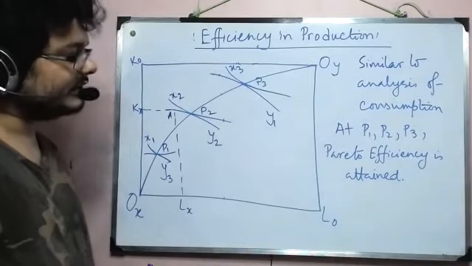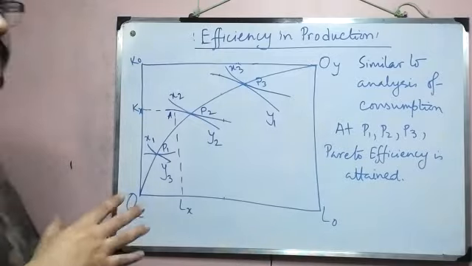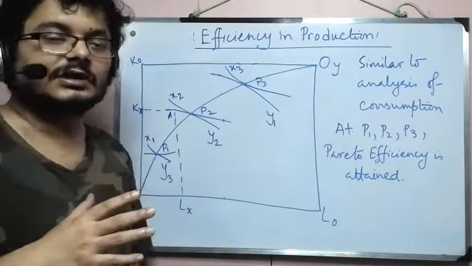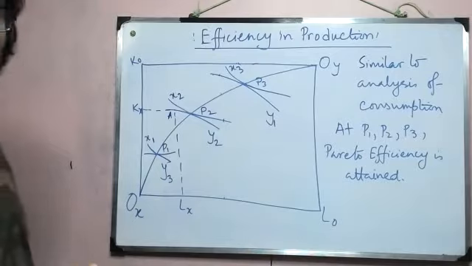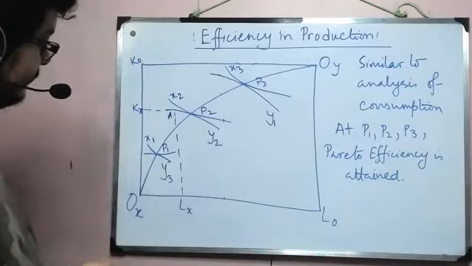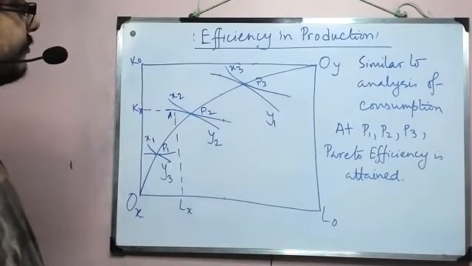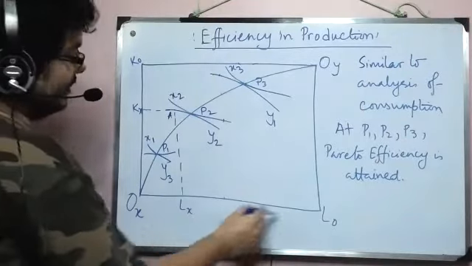The difference is important. The difference between this treatment of efficiency in production and that in consumption is quite important, and the important thing is this: in consumption, we had products here, right?